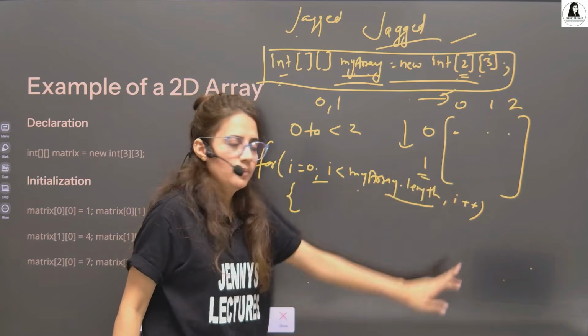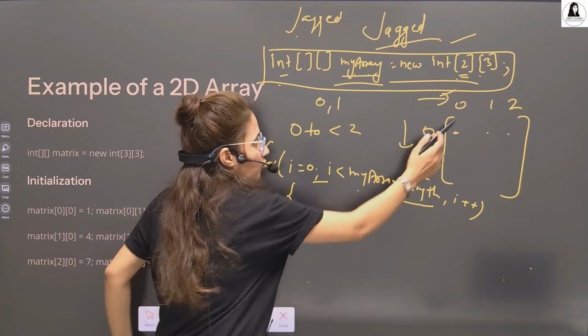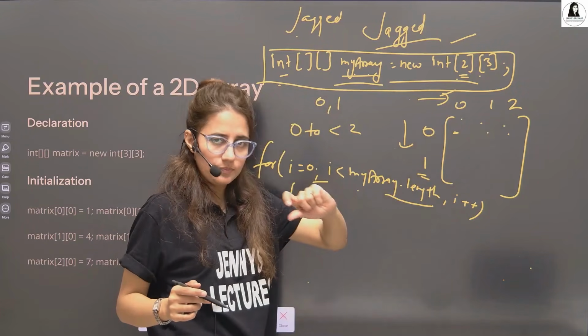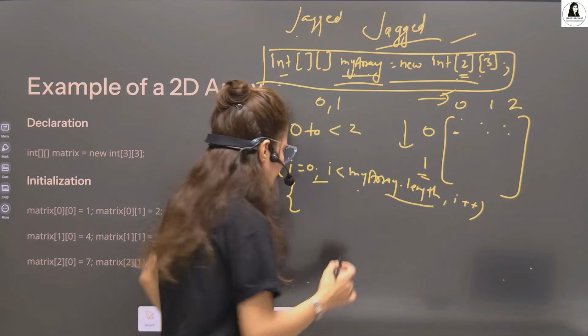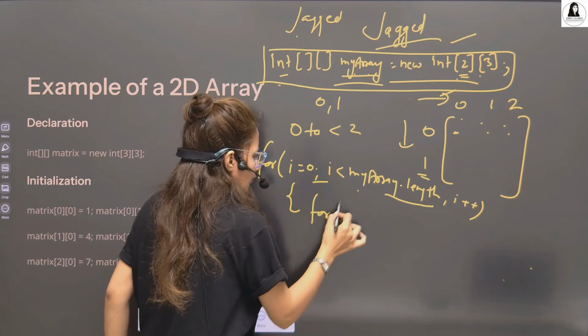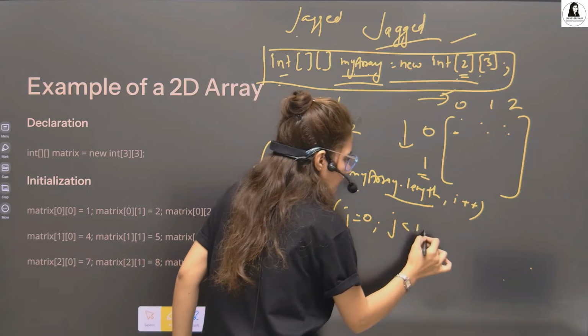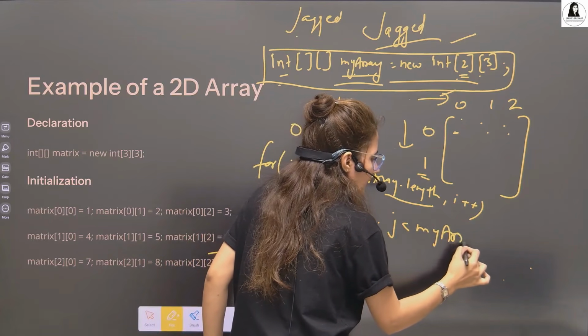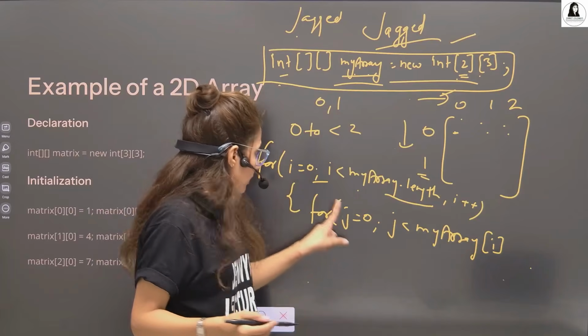Because this will always give you the number of rows. Now, the number of columns: 1, 2, 3. How to find out the length, the number of columns? How many columns can be there? Simple. Let's take one more for loop: j is equal to 0 till j less than my array, whatever the row.